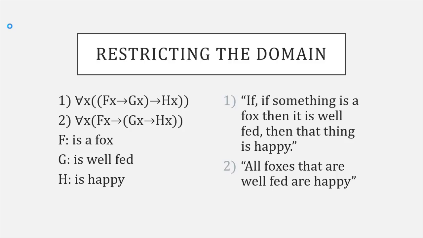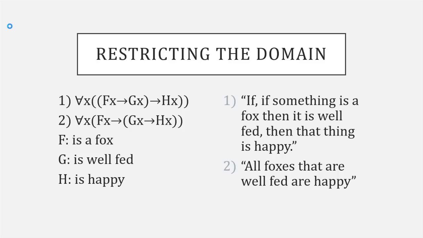So it's actually really easy to make this thing false, because what makes the antecedent, if Fx then Gx, true? How do you make a material conditional true? Well, you make it true by making the antecedent false, right?